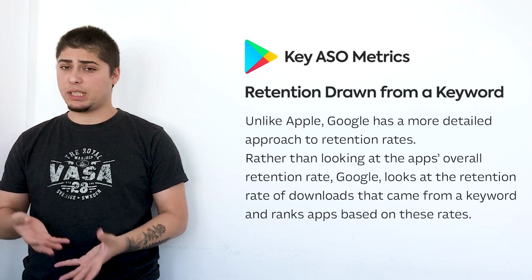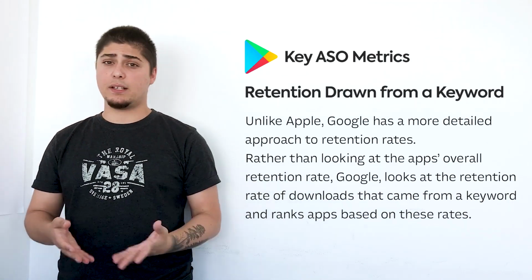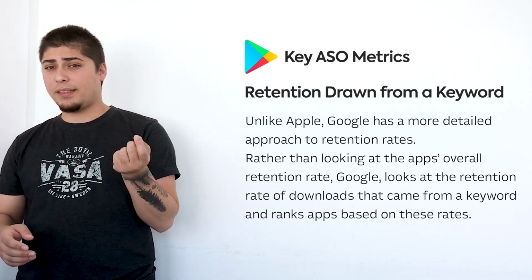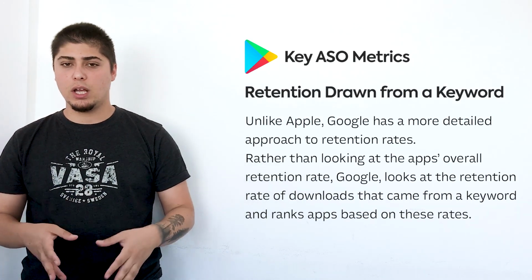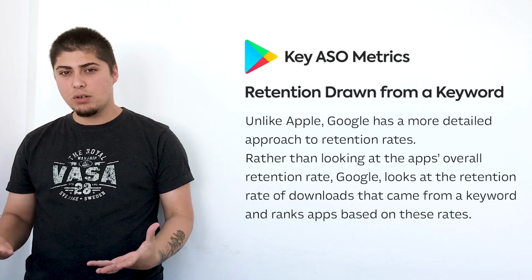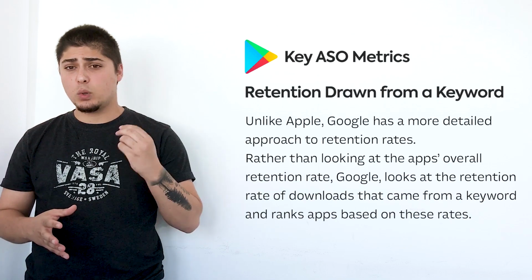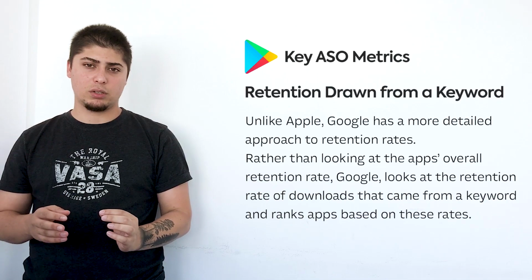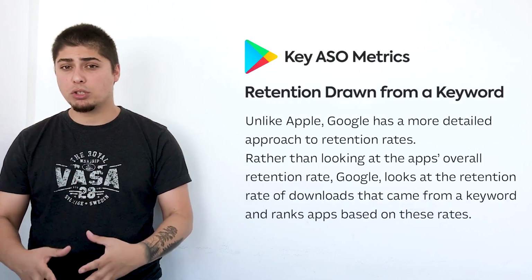Next up, we have the retention drawn from a keyword. This might seem a little complicated when compared to the other metrics, but it's basically the retention rate with a little bit more detail than the one we saw on the Apple App Store. Rather than looking at your general retention rates, Google Play Store looks at the retention rate of users coming from each individual keyword. So the idea here is to find and select your most relevant keyword.